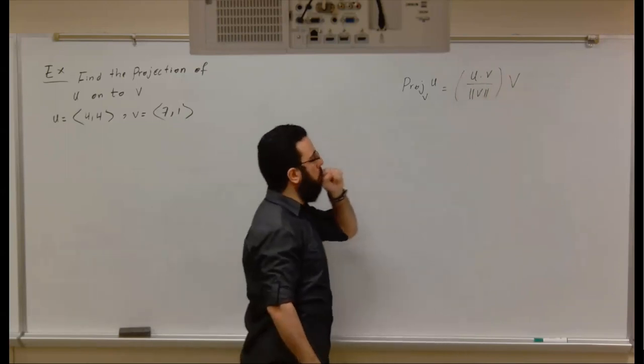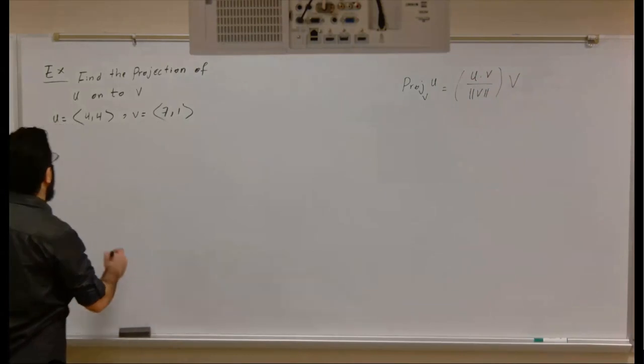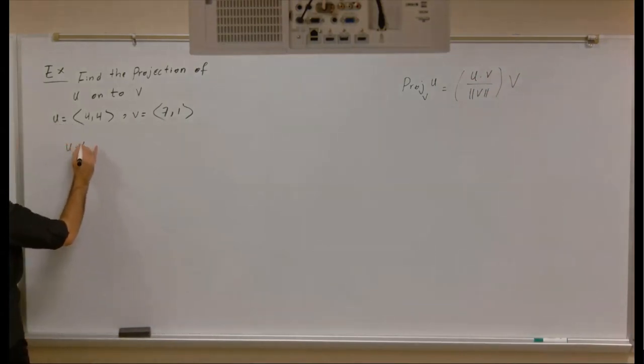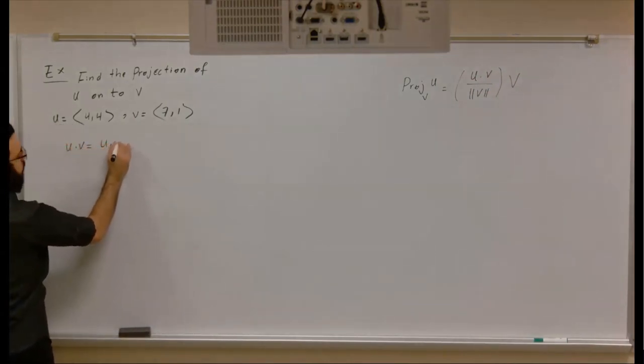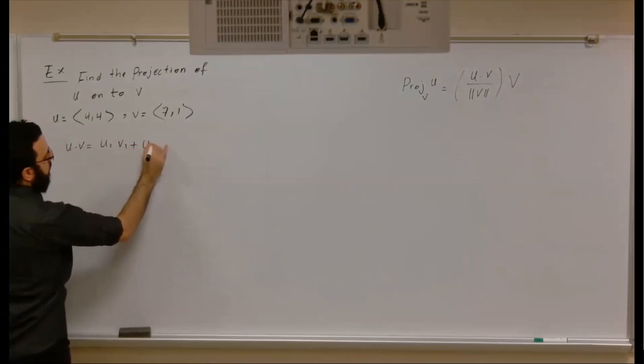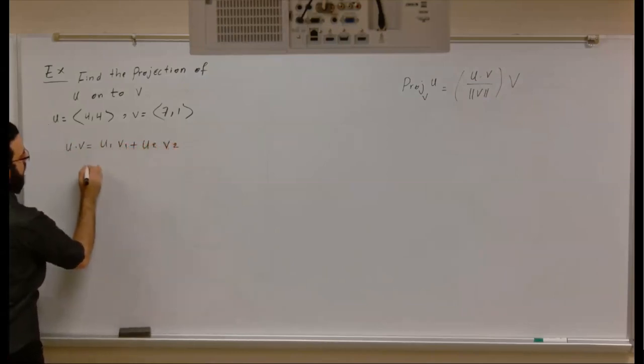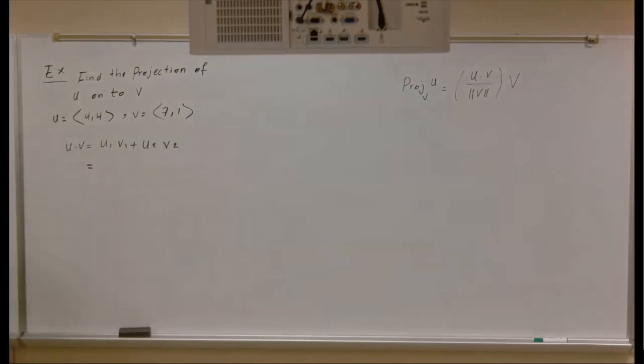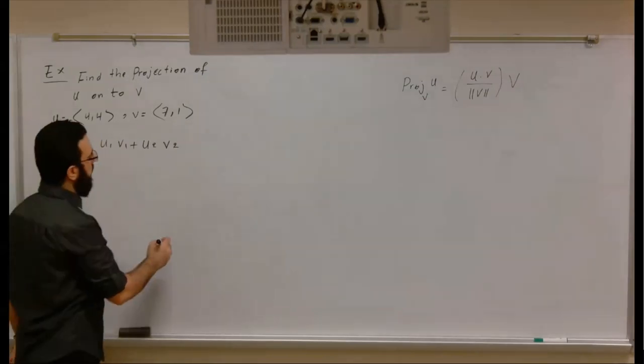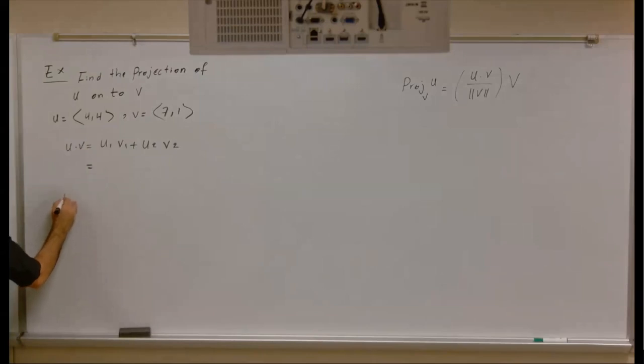Go ahead and find the dot product: U dot V is U1 V1 plus U2 V2. Tell me how much it's going to be. And then you're going to find the length of V.